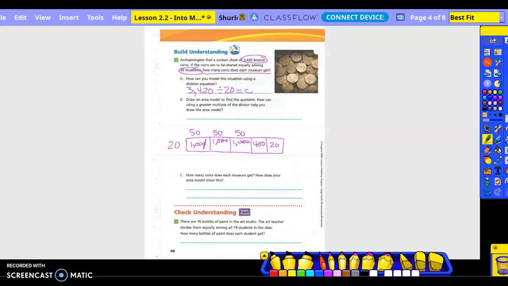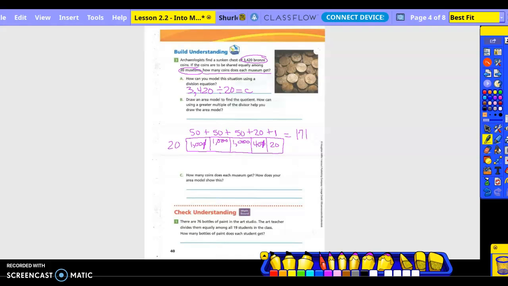Once again, do I have a 0 in my dividend and a 0 in my divisor? Yep. So I can mark this off. So 2 into 40, 20 times. And then 20 into 20 would be 1 time. So then I come across and I add all these up. So 50 plus 50 plus 50 is 150 plus 20 is 170 plus 1 is.